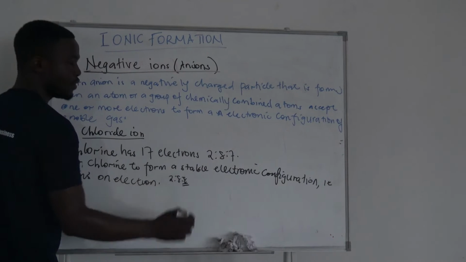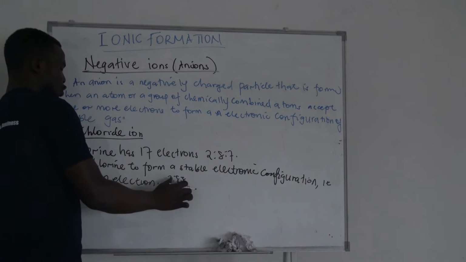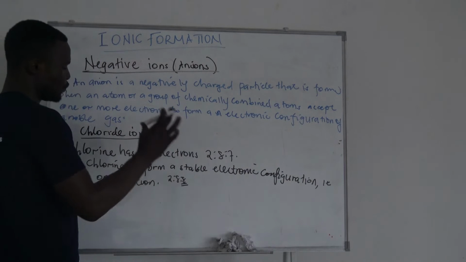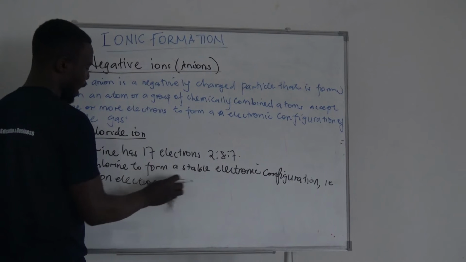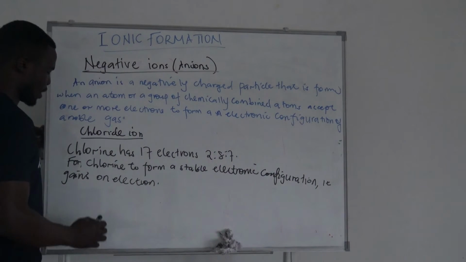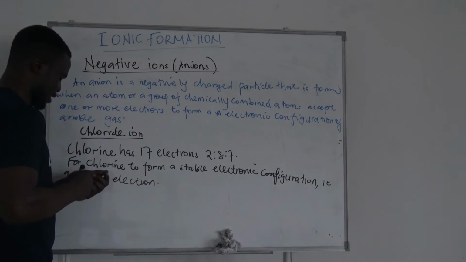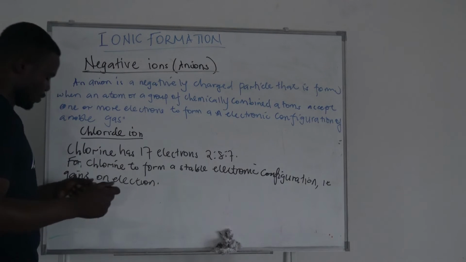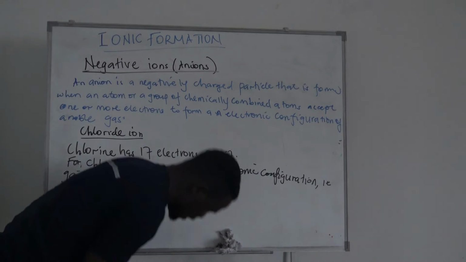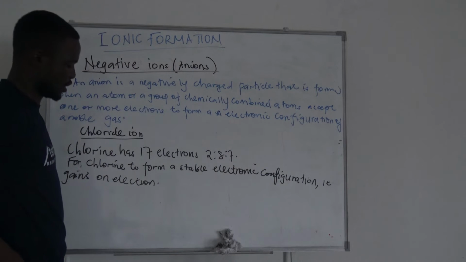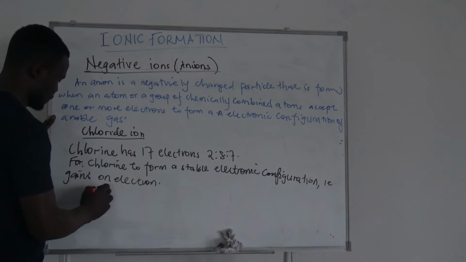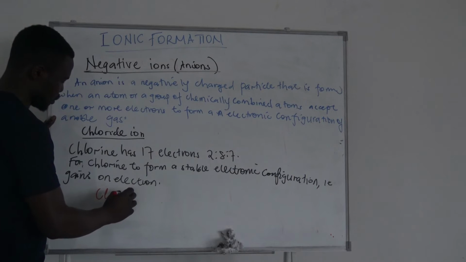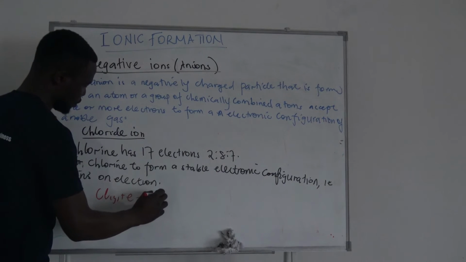Whenever you see 8 at the end, this shows that the shell is fully filled and is like that of a noble gas. And we know that noble gases are very stable, very unreactive. They do not react. So if anything doesn't react, it means that its electronic configuration is a stable one. So this is chlorine. It gains an electron.